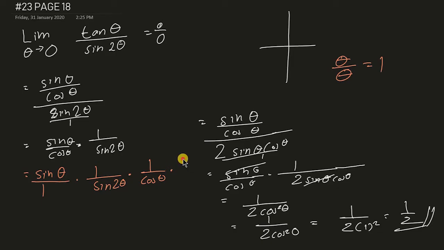So, mag-multiply ako dyan ng theta over theta. Ngayon, guys, ililipat ko na lang yung theta dito sa sin theta para mag-equal yung dalawa. Gets? Para ma-assume ko na they are equal to 1. So, tatanggalin muna natin to, and ilalagay ko siya dito. So, 1 times theta is equal to theta. So, matitira lang dito sa baba is 1.